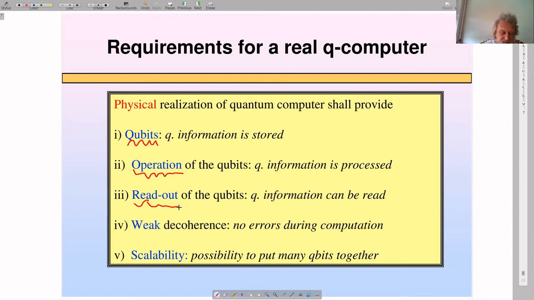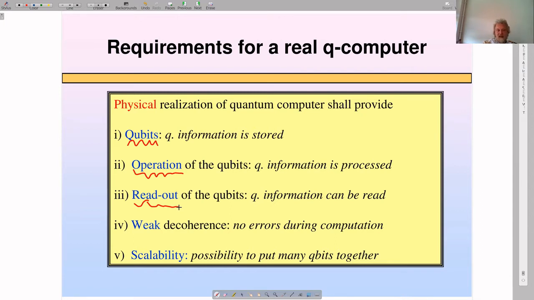2 more points. The fourth point is very critical, it is the requirement of weak decoherence. Namely, it means that for the time the program runs, while the quantum program is executed, no interaction of the quantum computer with any other degrees of freedom should take place. There are thousands of ways for this to happen.